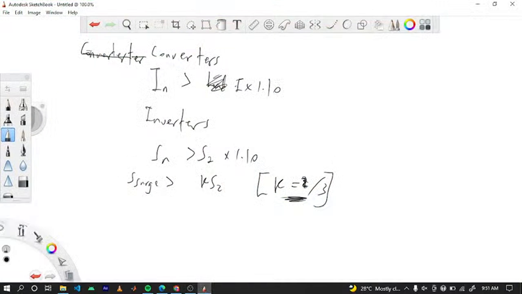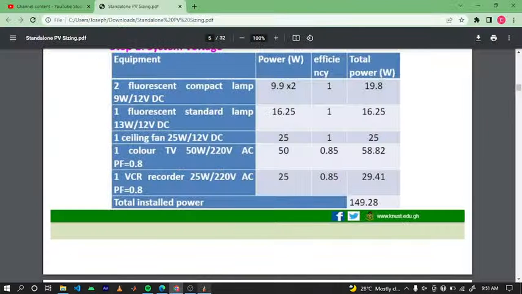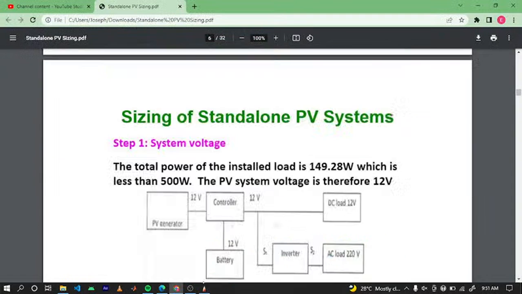That will give me my S2, the total apparent power.